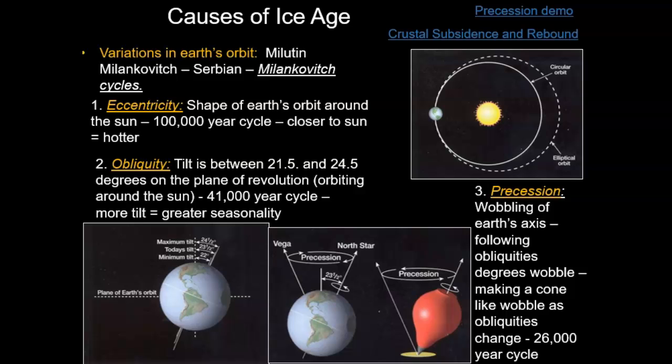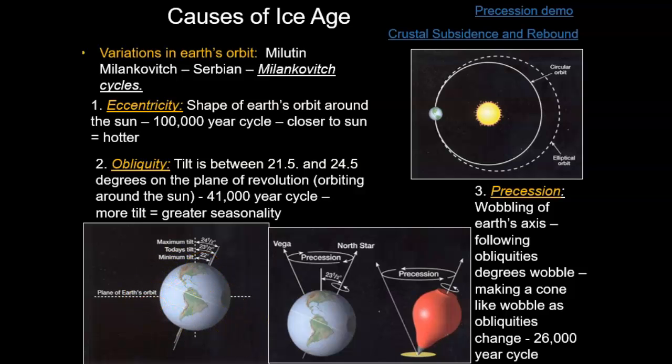So Milankovic formulated a mathematical model based on the following elements. The first is the variation in the shape of the Earth's orbit about the sun. This is called the eccentricity of the Earth, and it is shown by the image here in the top right. I'll explain it in a second. The second element is the change in the obliquity, which is changes in the angle that the Earth's axis makes with the plane of the Earth's orbit, as seen in this image here.